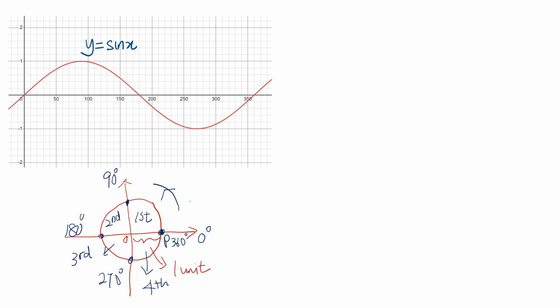When this point P travels on this circle, at different positions between 0 to 90, the curve will look like this, from here to 90.